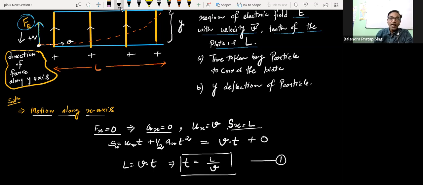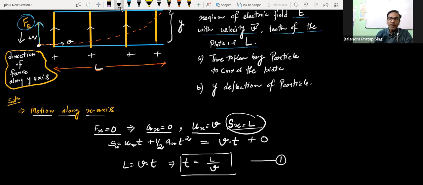As you know, the initial velocity of the particle is small v, and the horizontal distance covered by this particle is Sx = L, because the total length of the plate is capital L. It's also given.